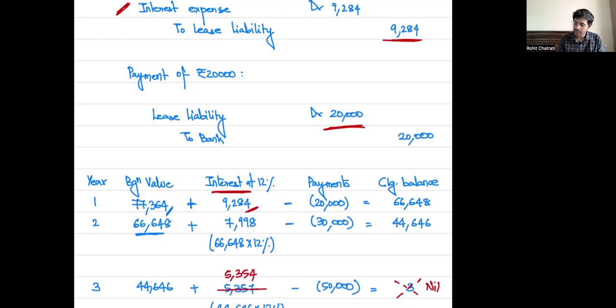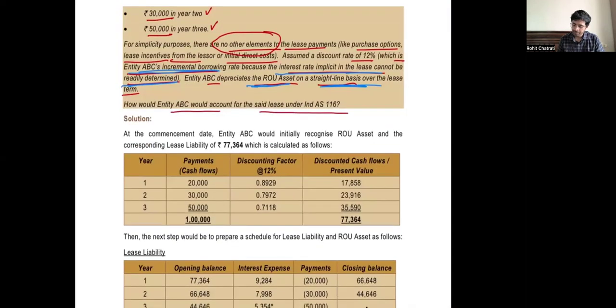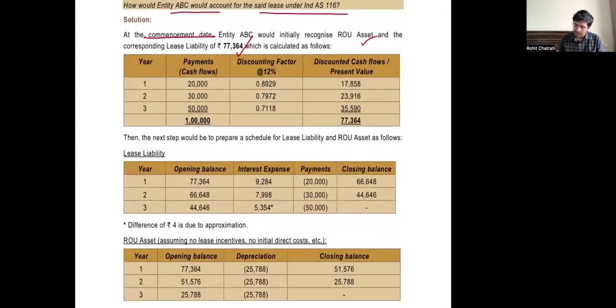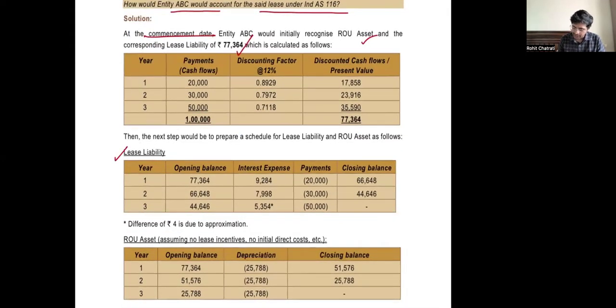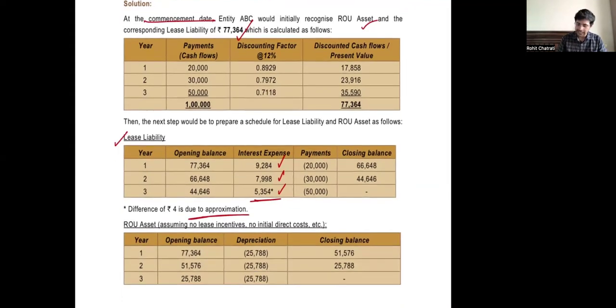Now let's quickly look at the institute solution. On the commencement date, we are recognizing 77,364 of ROU asset and lease liability. We have then prepared the lease liability schedule where they have recognized interest expense of 9,000, 7,900 and 5,354. And over here they've mentioned that we have basically done an approximation, which we also actually did.